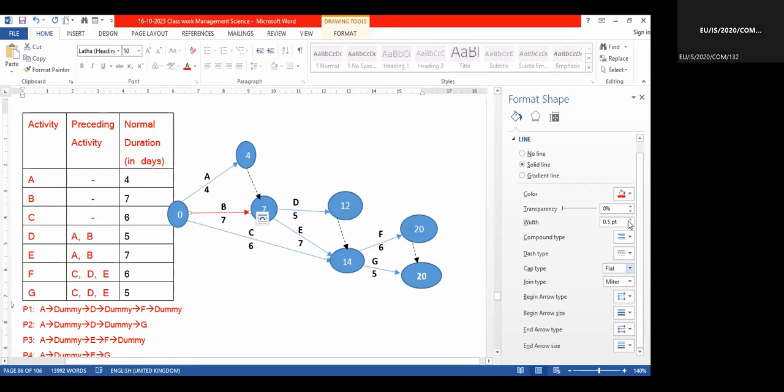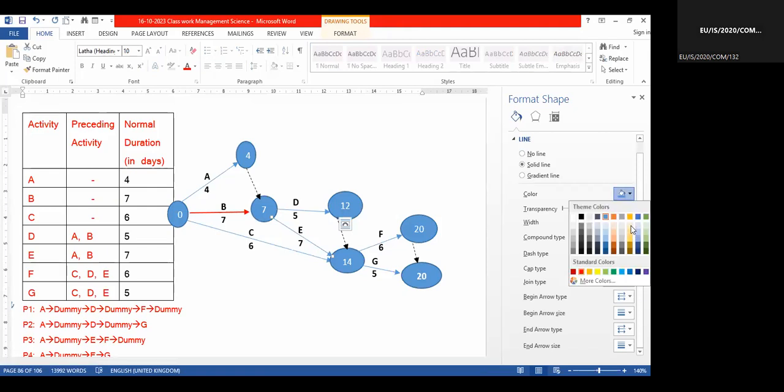Out of these 10 paths, which is the most important path?